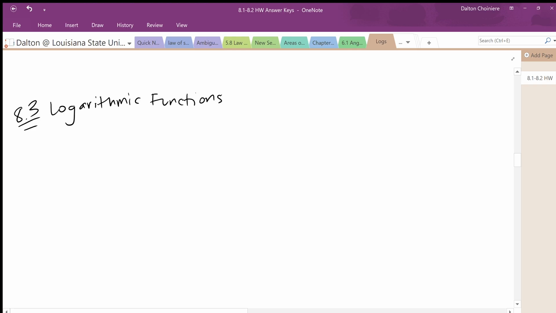And the thing that I need you to remember about logs, or learn about logs, I say remember as if you've heard it before, but you might not have, is essentially logarithms are just different representations for exponents.